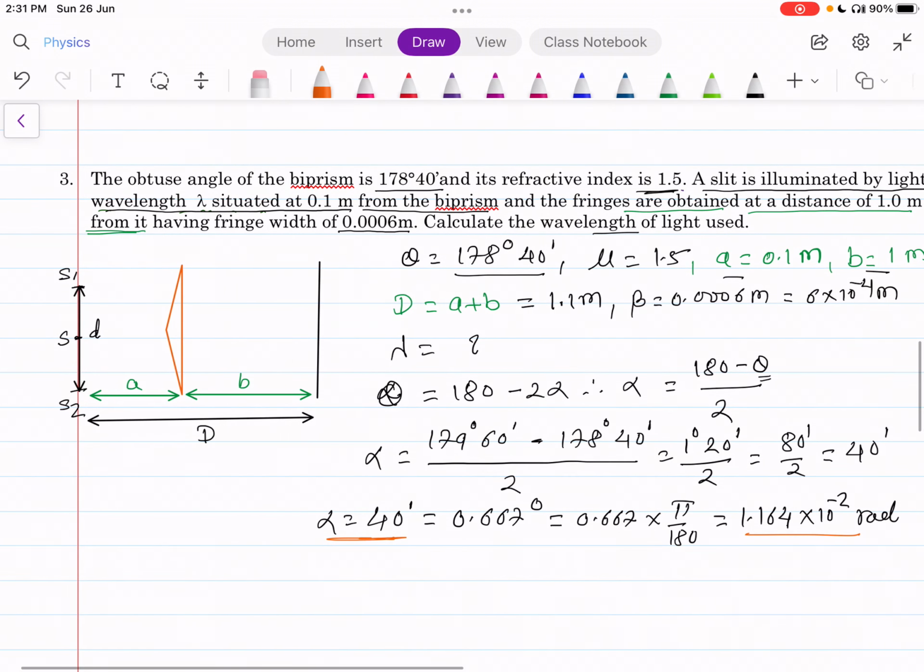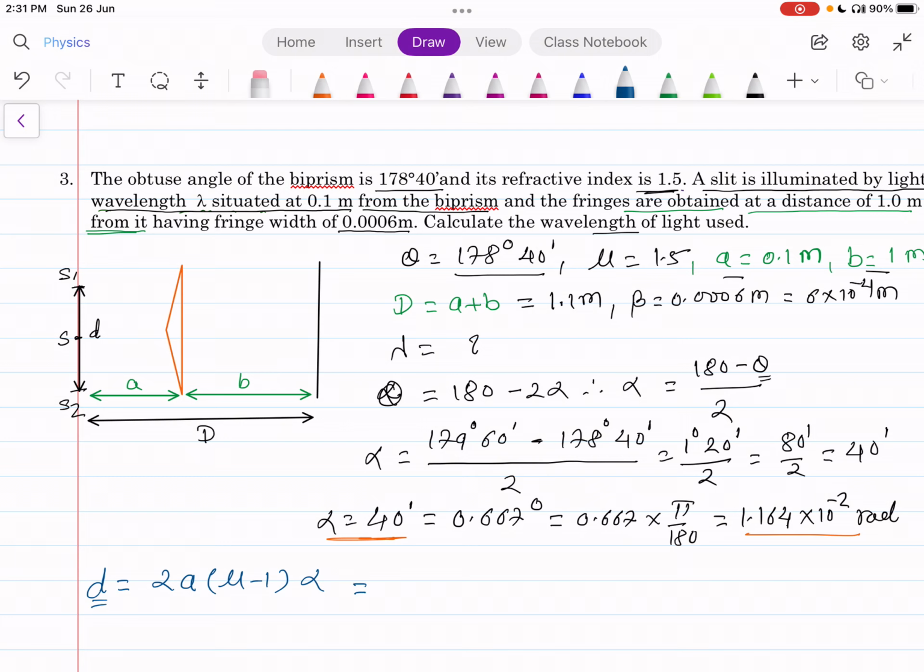Then I will use this equation: d is equal to 2a into (mu minus 1) into alpha. I want to find this small d.